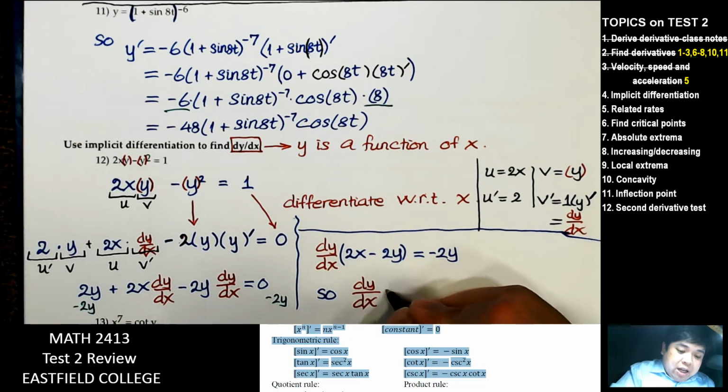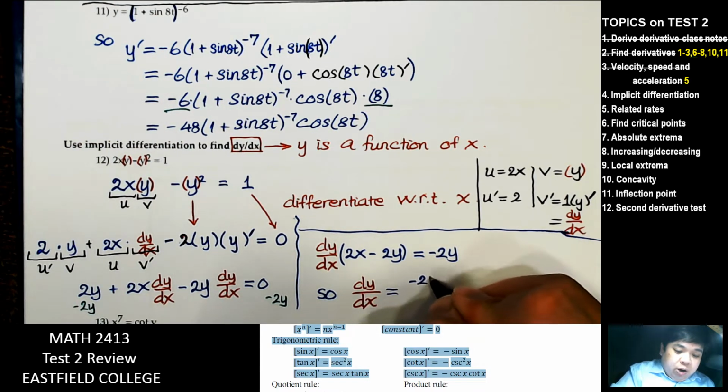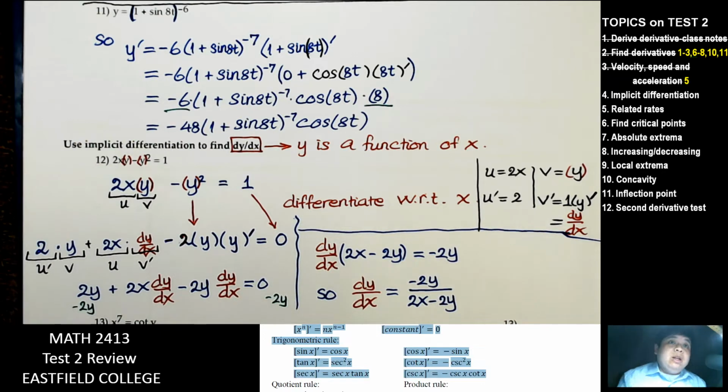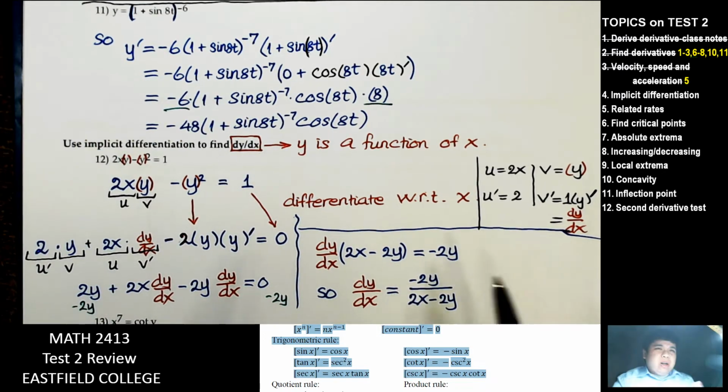On the test, as long as we have the dy over dx by itself for this problem, this is good enough. We can stop here. We can cancel the 2, but it's not necessary. Just going to leave it like that. Or divide everything by 2 or negative 2.